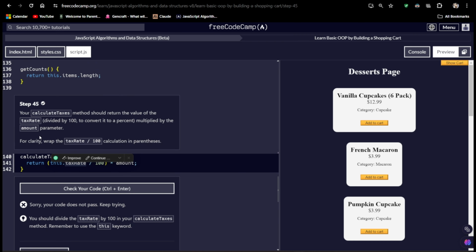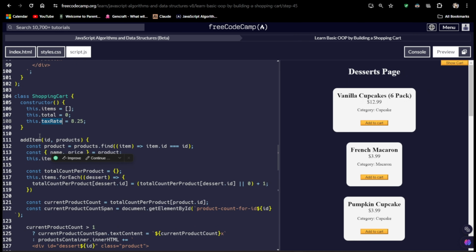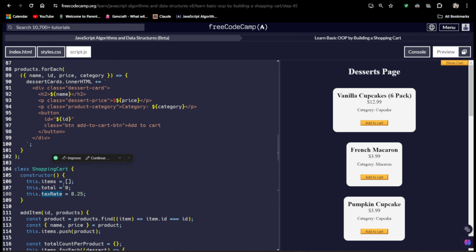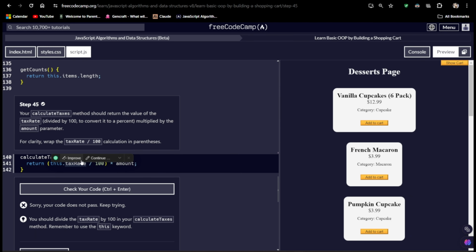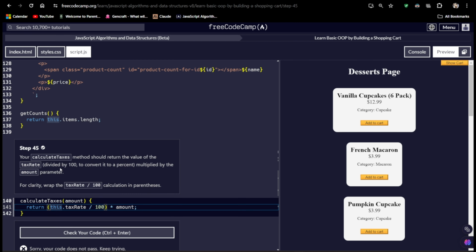That is to use and to refer the already defined property tax rate into our method, so that if we refer the property, we use this keyword.